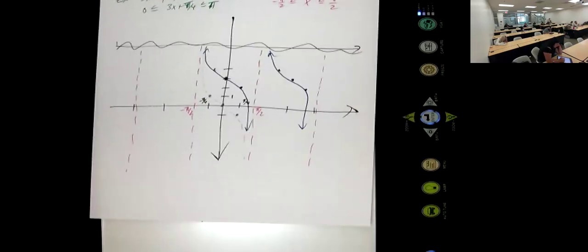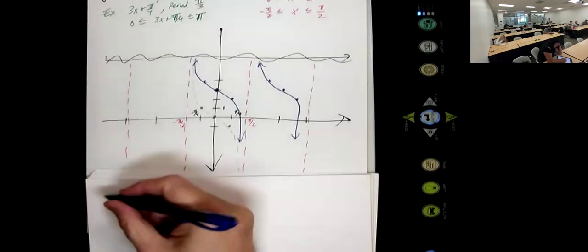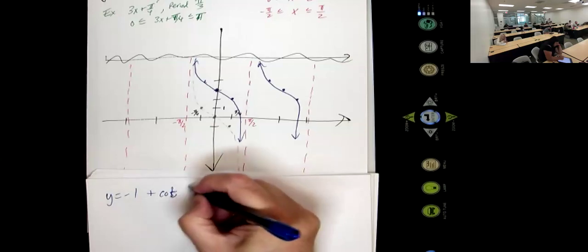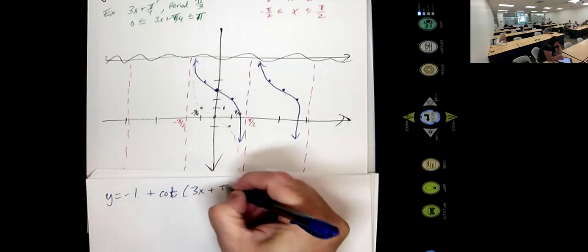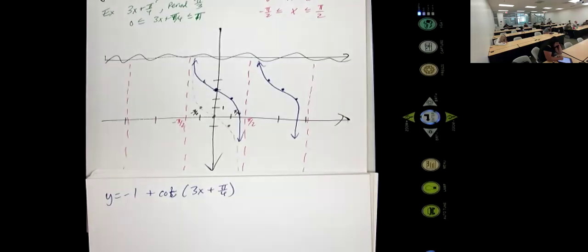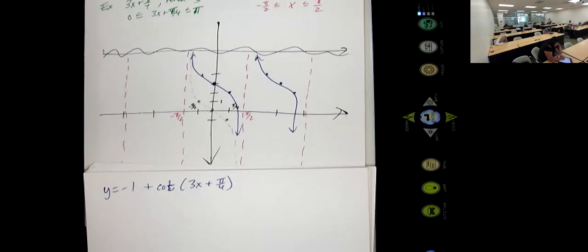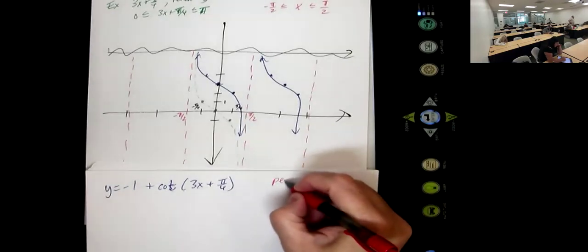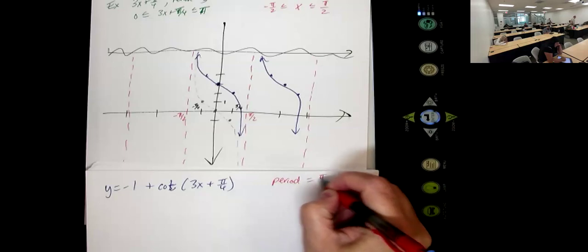So I'm going to set that up here: y equals -1 plus cotangent of 3x plus pi over 4. So our period is going to be pi over 3, we're dividing by b.